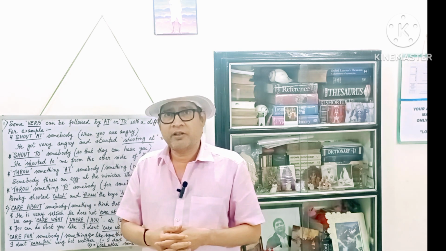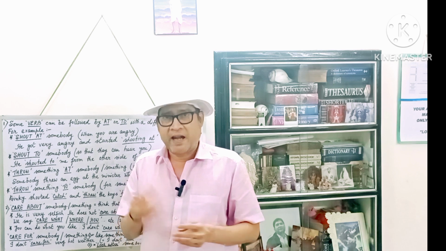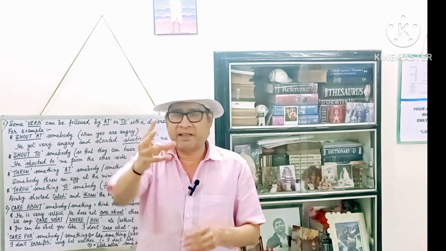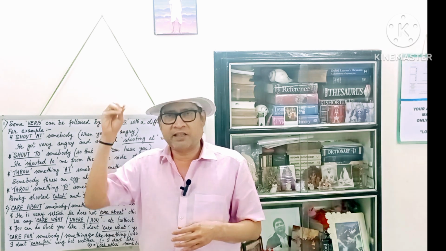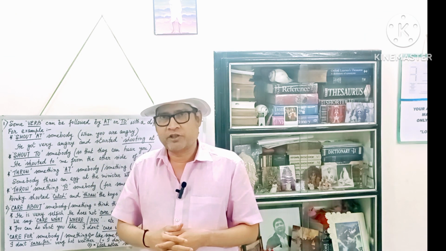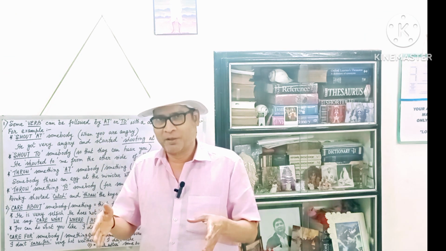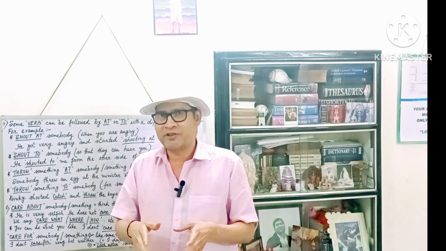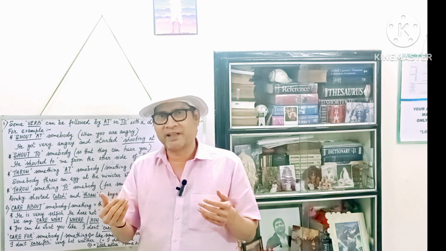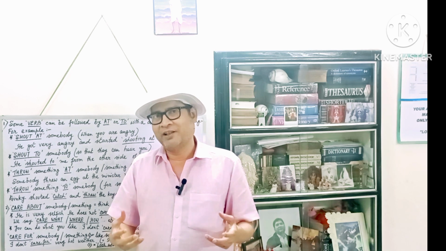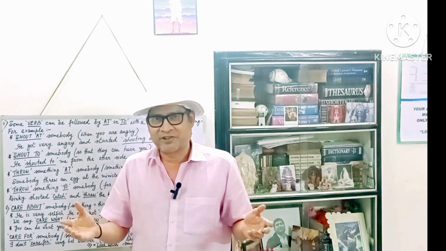And what he does, he throws an egg at the minister, or he throws a shoe at the minister, which is unethical, of course, immoral. So I'm not encouraging people to do that, but simply I'm using these example sentences in order that you can understand what throw at means.